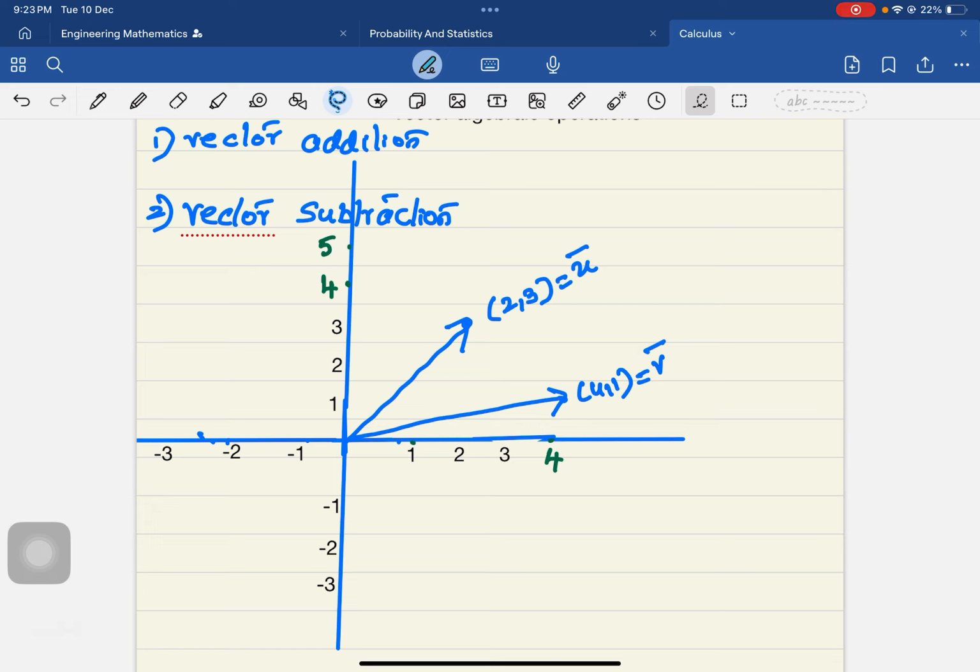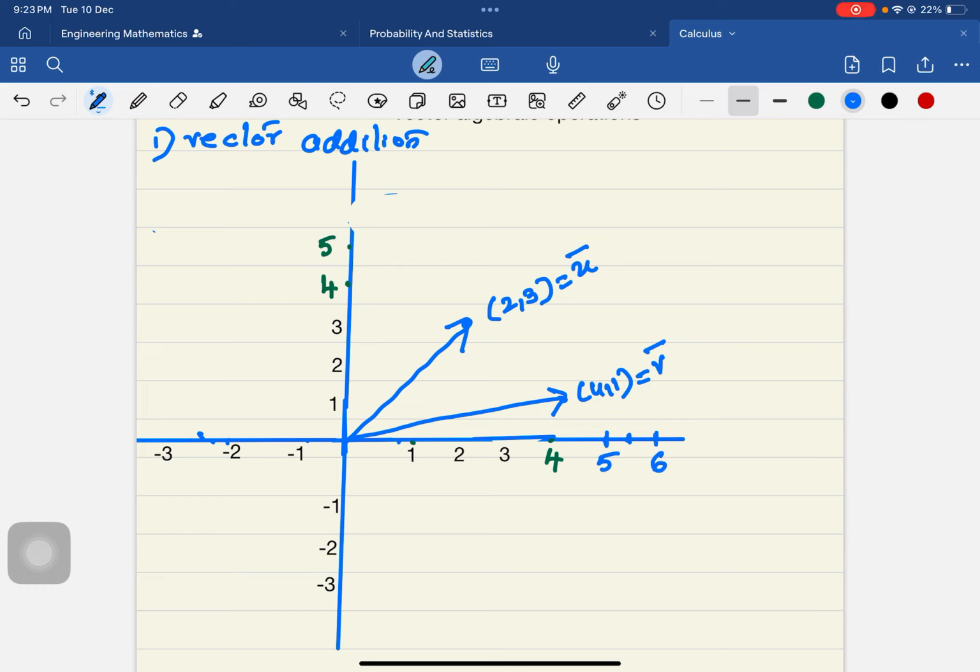What does u bar plus v bar mean? Just add the x coordinate 2 and x coordinate 4. 2 plus 4 is 6. So where is it on the x-axis? On the x-axis, let us see that this is 5 and this is 6.